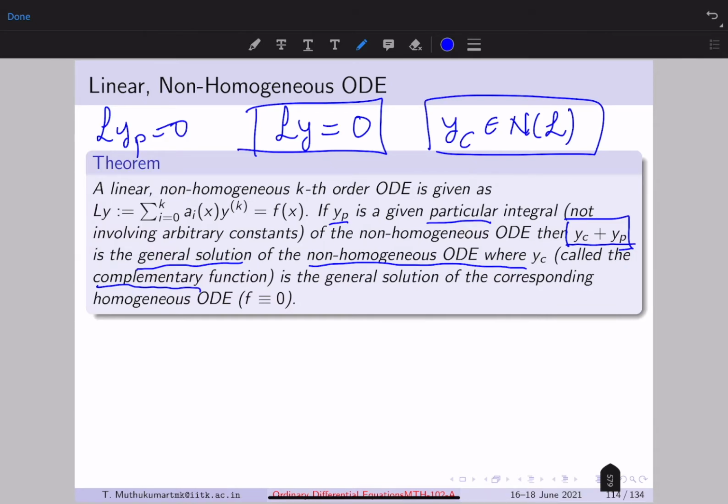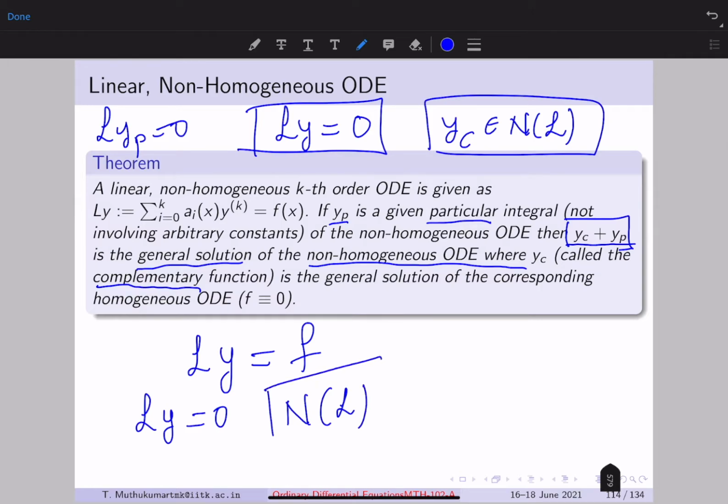So what is the idea? How do you solve Ly equal to f? What is this theorem telling you? You first solve Ly equal to 0. You know how to do it from the previous lecture. Then you have the null space of L, which is the set of all solutions to the homogeneous equation. Any element here is called yc, which is the general solution corresponding to the homogeneous equation.